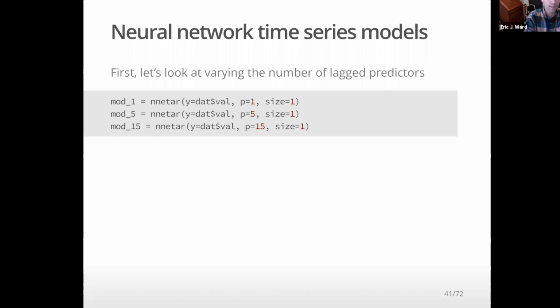This would be one way to look at that, using embedding dimensions of 1, 5, and 15 time steps. The embedding dimension of 1 just uses the previous time step to predict the future, versus the embedding dimension of 15, which would use the last 15 data points to predict 1 time step ahead.